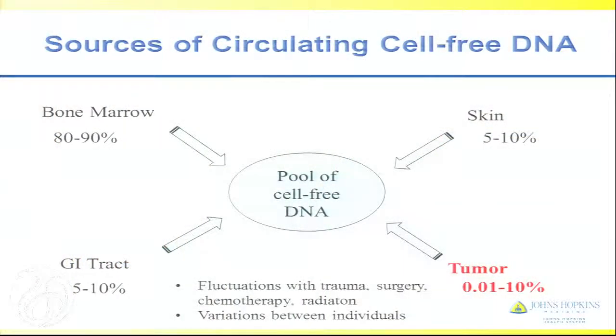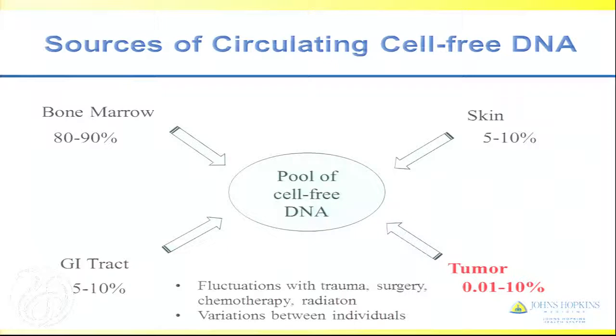So when we take a snapshot view of circulating tumor DNA in plasma, we find a lot of normal DNA, mainly from tissues that are undergoing, as normal cells, a high cellular turnover. These are cells in the bone marrow, cells in the GI tract, cells in the skin, and certainly other tissues too.